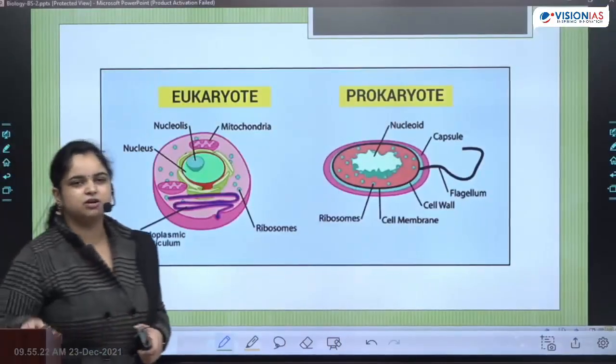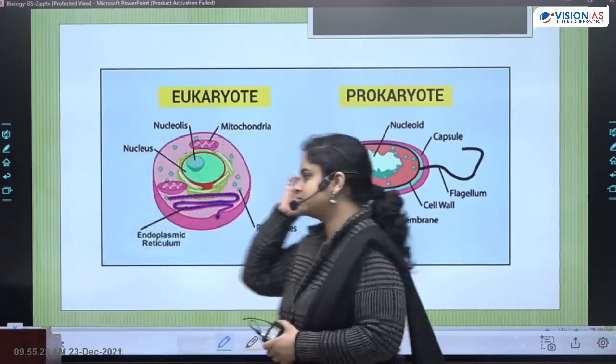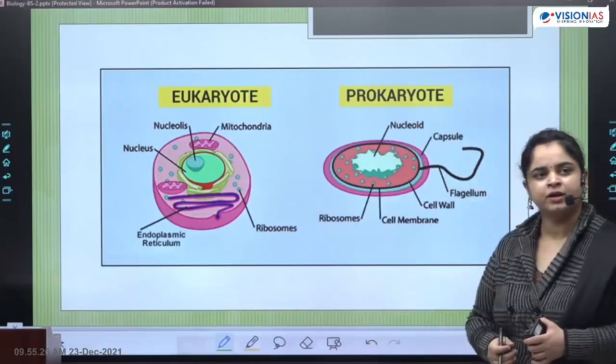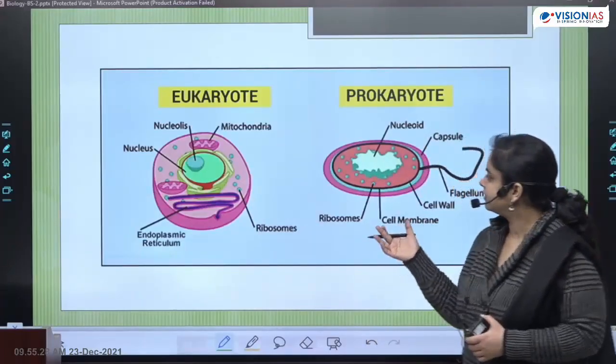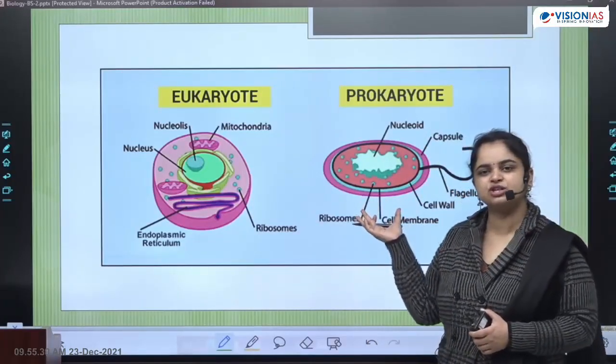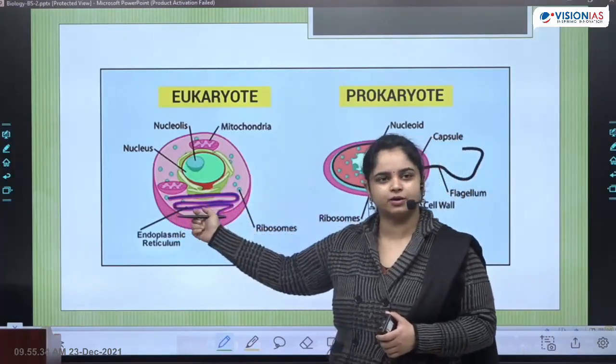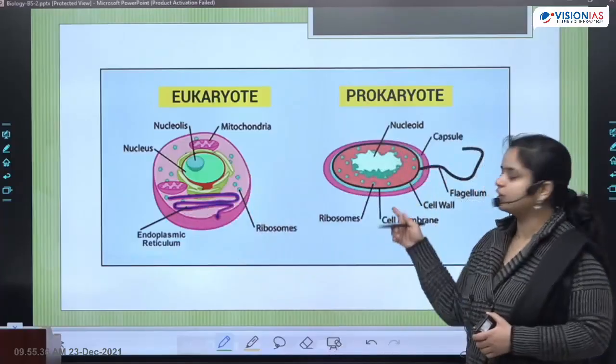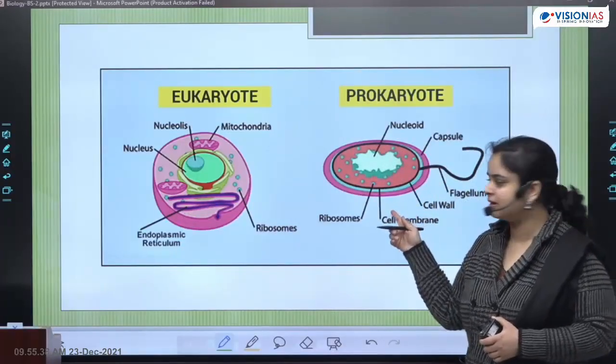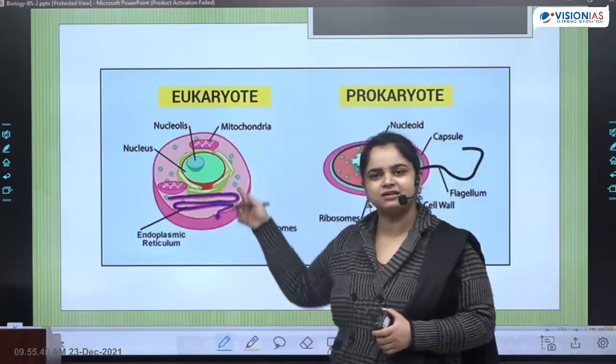First, just take a look at these diagrams without going into the detail. You will be able to observe that this one, its structure is relatively simpler as compared to the second one. The prokaryotic structure, it is simple. This you can see many colors, different areas.